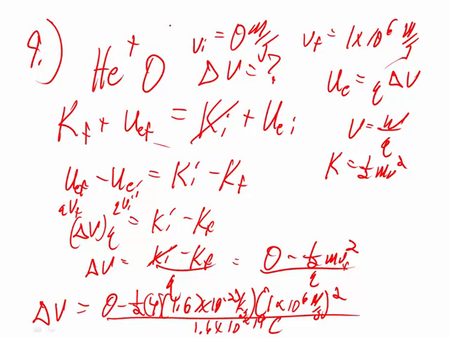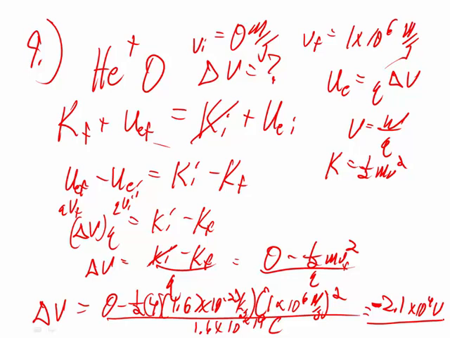And so we should get an answer of negative 2.1 times 10 to the 4th volts. Again, that's rounded a little bit, but 2.1 times 10 to the 4th volts is what we should get, okay?